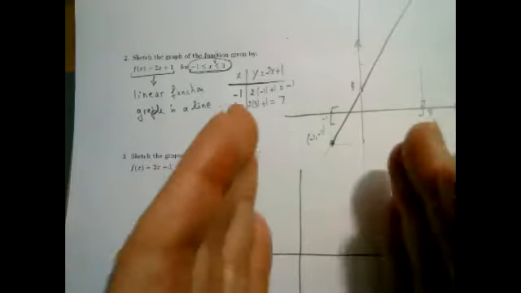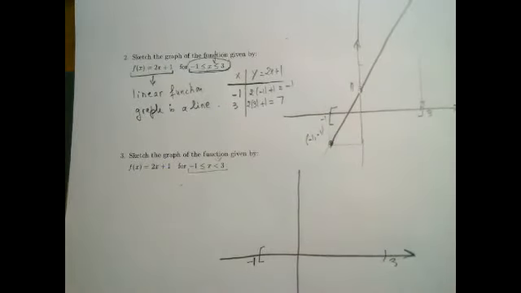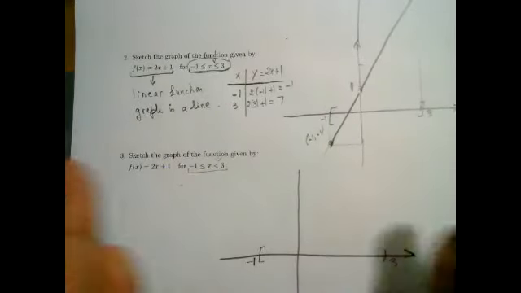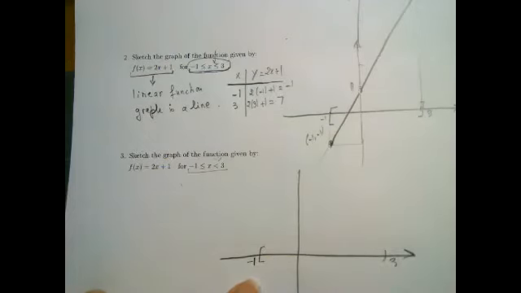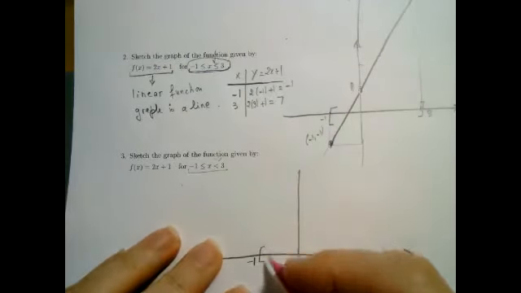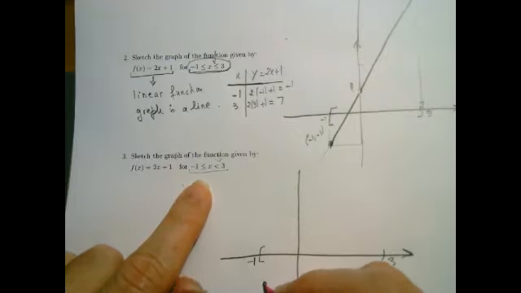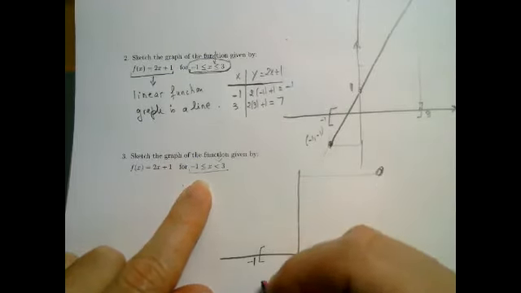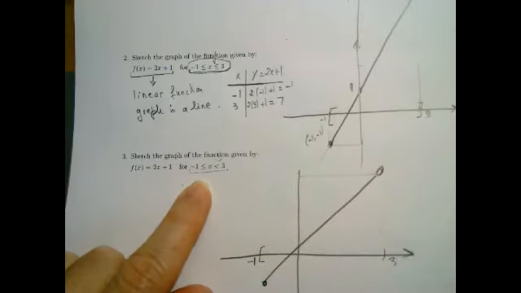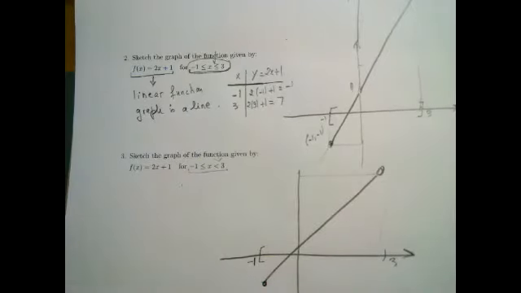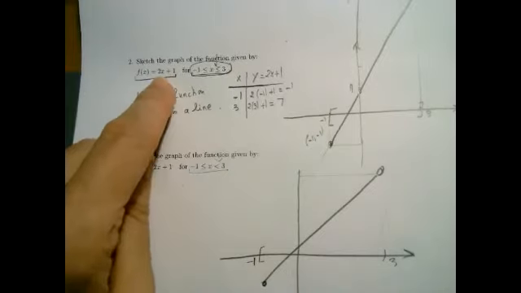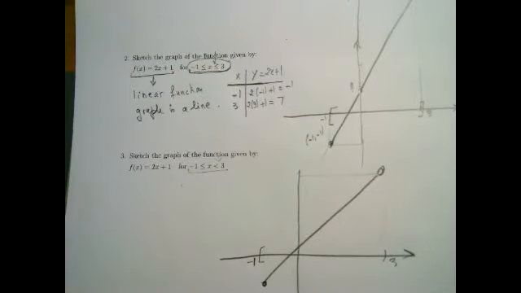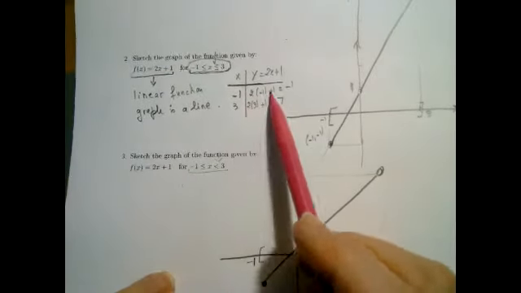I don't care about what the function does outside this. I just care about the function between -1 and 3. So it's actually the same, but at 3, I just open my circle, and that would be my graph. Okay, so if you want to graph a function which is a line, one easy way to do it is just take 2 points on the line.